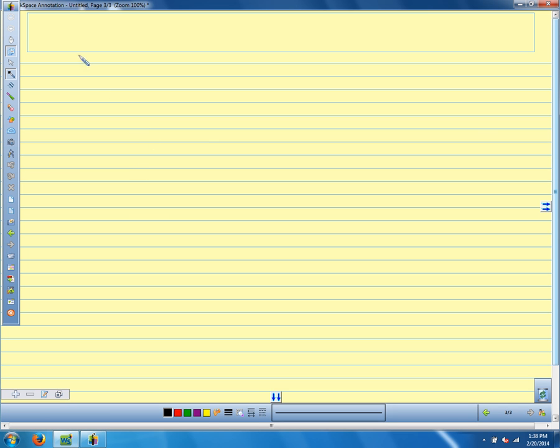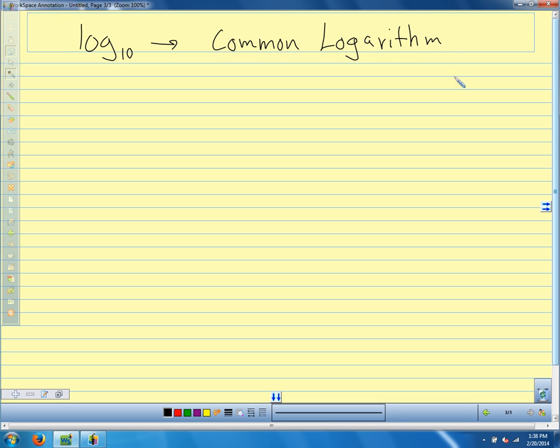Log base 10 we call the common logarithm. And we usually write the common logarithm just as log. So if we see log written without a base down here, that's telling us it's the common logarithm.